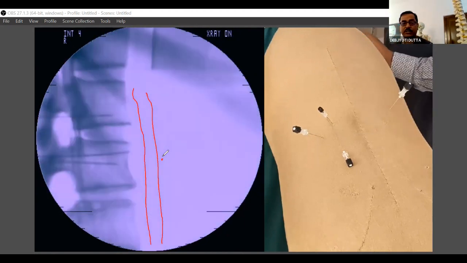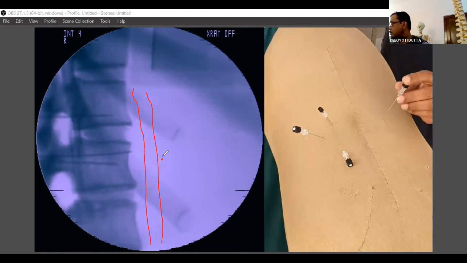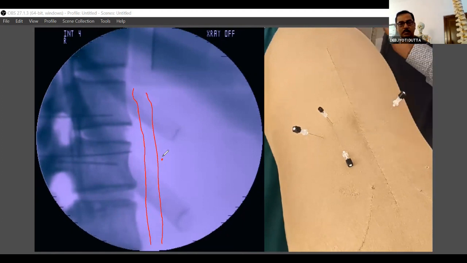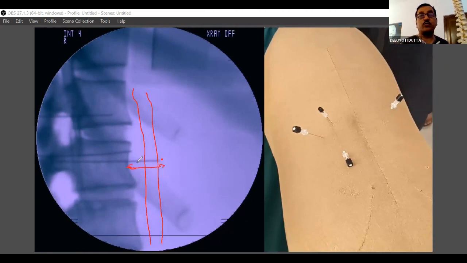You are not touching any bone anywhere. The distance from here to here is approximately 1.5 to 2 centimeter.